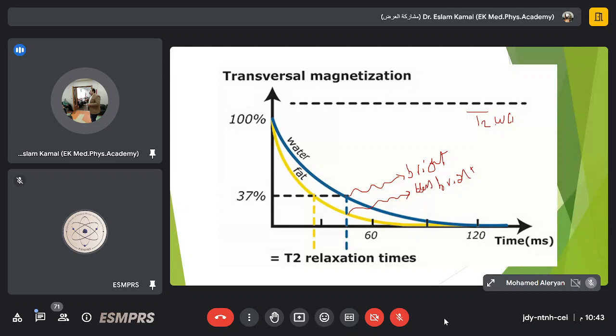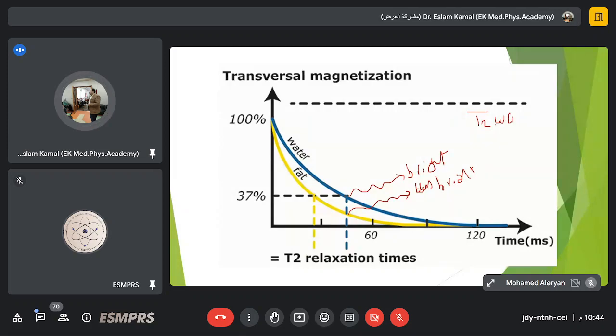It's based on your choice. If you are going to get a T2 sequence, you have to record this signal at a certain point where the T2 constant for fat and for different tissues are different. Not all of them have the same value.